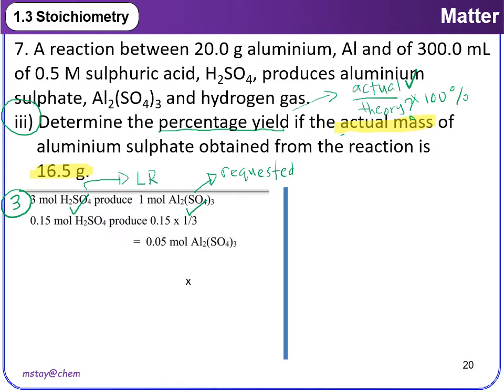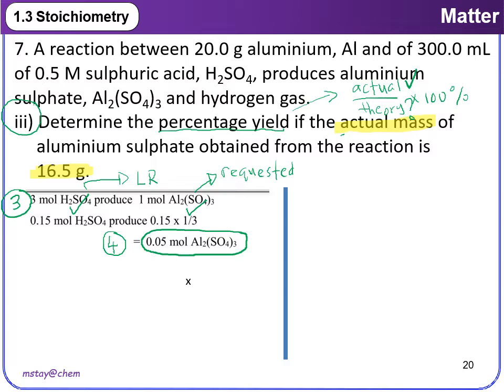Okay, so when we use a comparison crossover multiplication, we will get the number of mole of aluminium sulfate produced is 0.05 mole. Okay, this is considered step 4. So we cannot directly use 0.05 mole into this formula because the mass is given in the question.